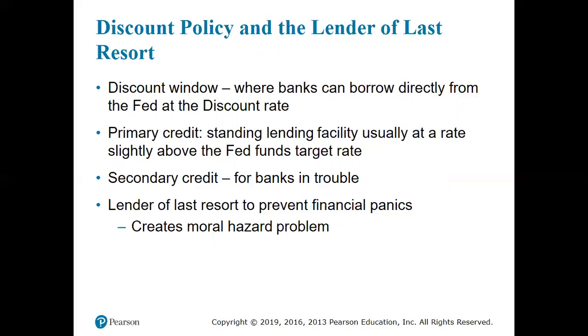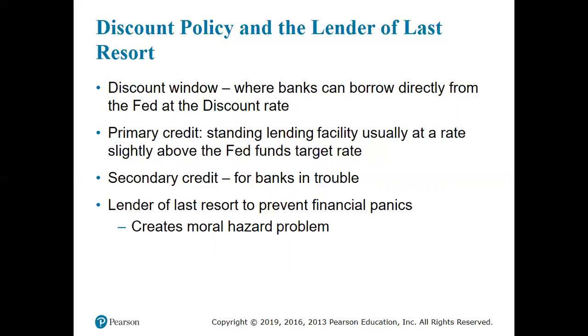Generally, if they're borrowing from the Fed directly, they're going to borrow at the primary credit rate. That's basically the standing lending facility at a rate slightly above the Fed's target rate, or at the high end of the target range.